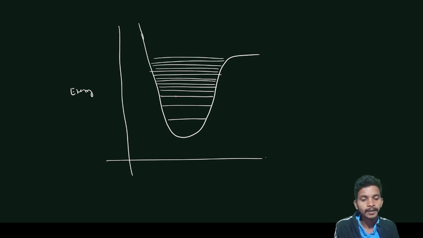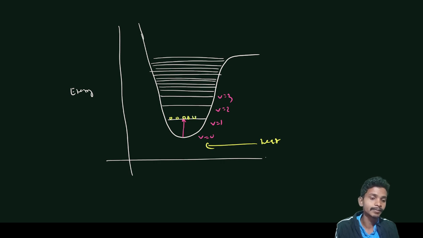So what we see is that this is v equal to 0, v equal to 1, this is v equal to 2, this is v equal to 3. Whenever I am doing transitions from here to here, because here is the higher population, but if I heat it, if I provide the heat, then what happens is that the population from v0 to v1 will go, and now the population will be high here.